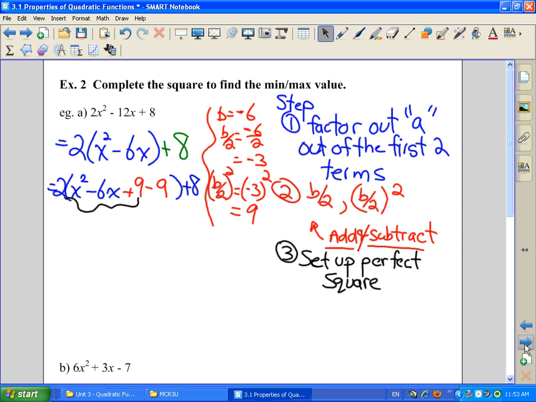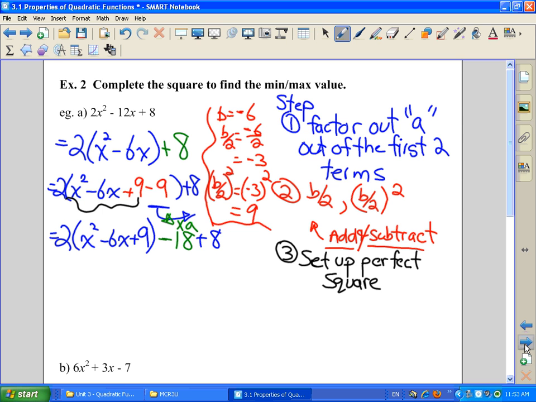So what I need to do, folks, is I need to take this -9 and bring it outside the bracket. Okay? So let's create the perfect square inside. Okay? And then what happens when you bring this -9 out? Don't forget, it's affected by a, so you got to times it by a. In this case, a is 2, so it's going to be -18 plus 8.